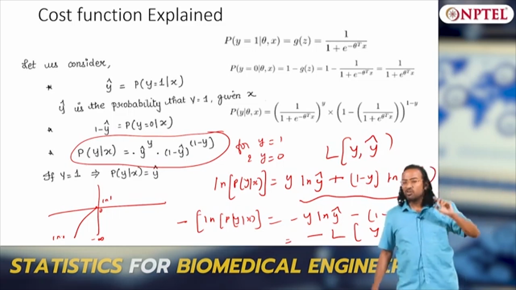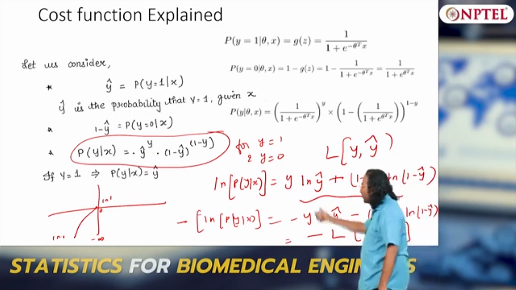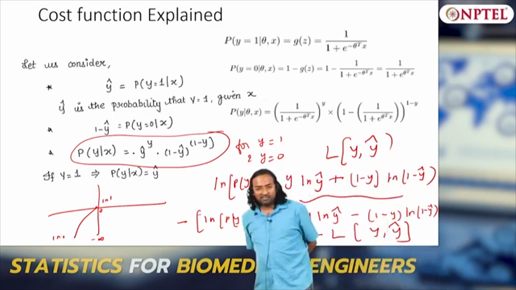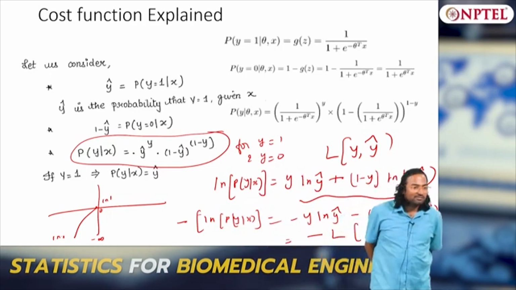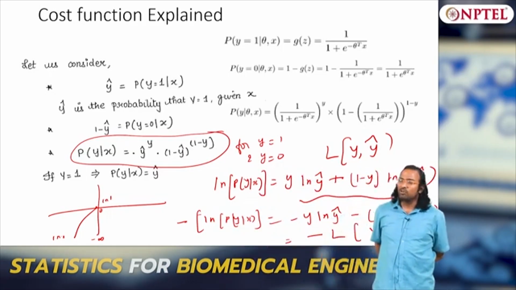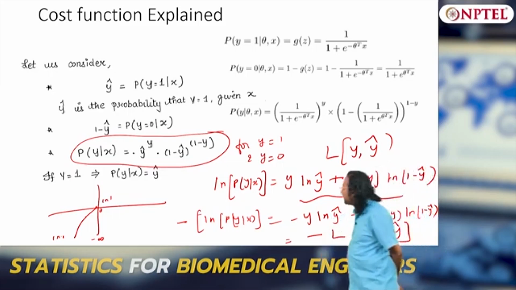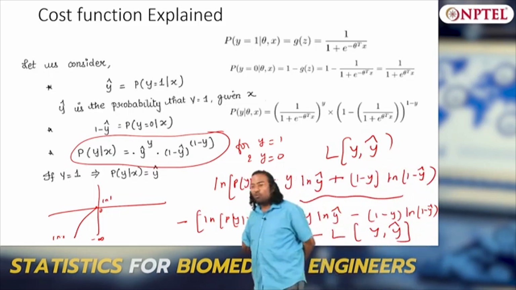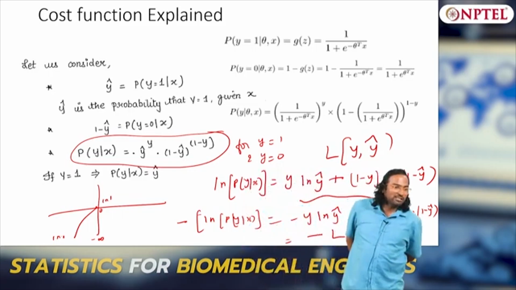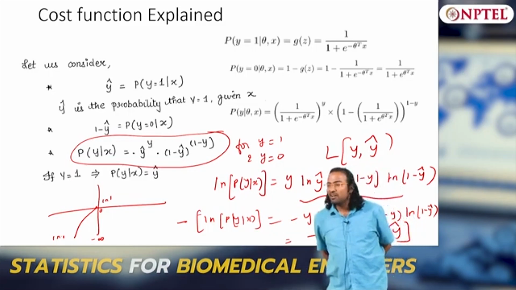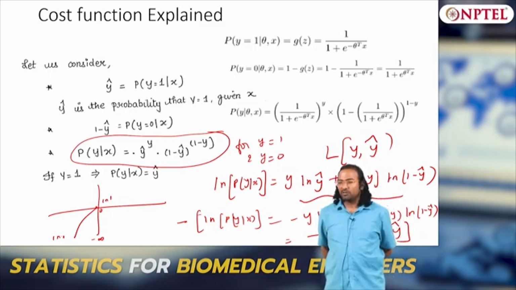So this is the cross entropy function, and people also call it the log likelihood function, because you take the log of how close y hat is to y, that is why it is a log likelihood function.